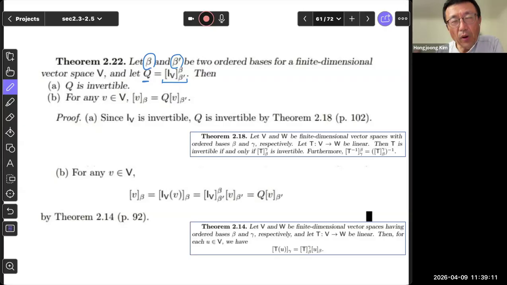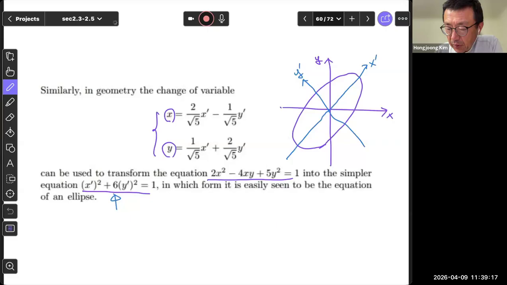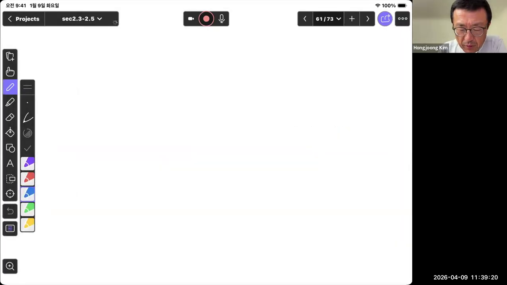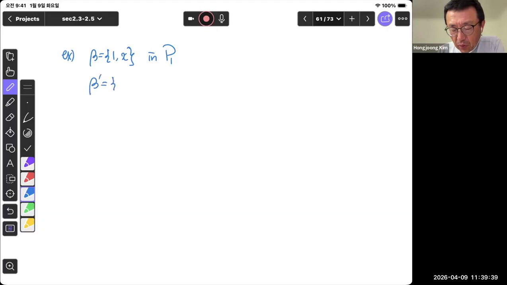Before I consider a general proof, suppose that beta is the standard basis, 1, x in P1 space. And beta prime is, say, 1 minus x and 1 plus x.